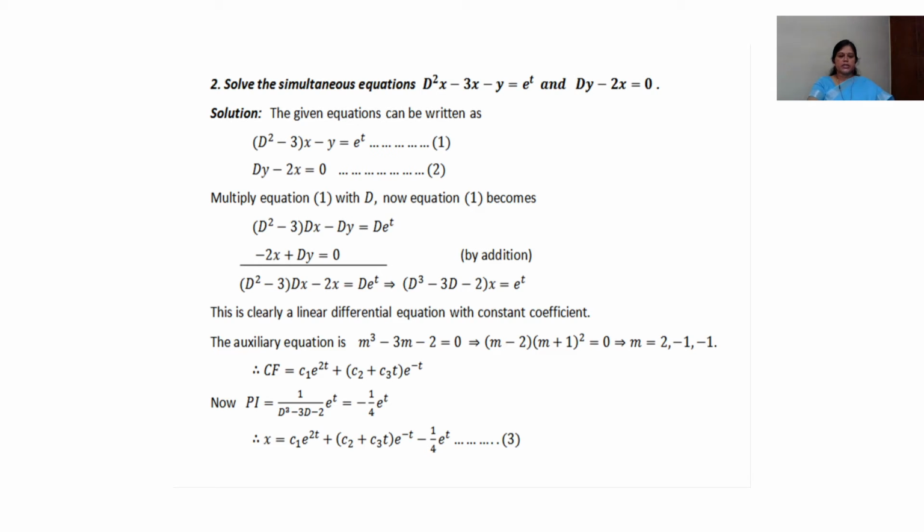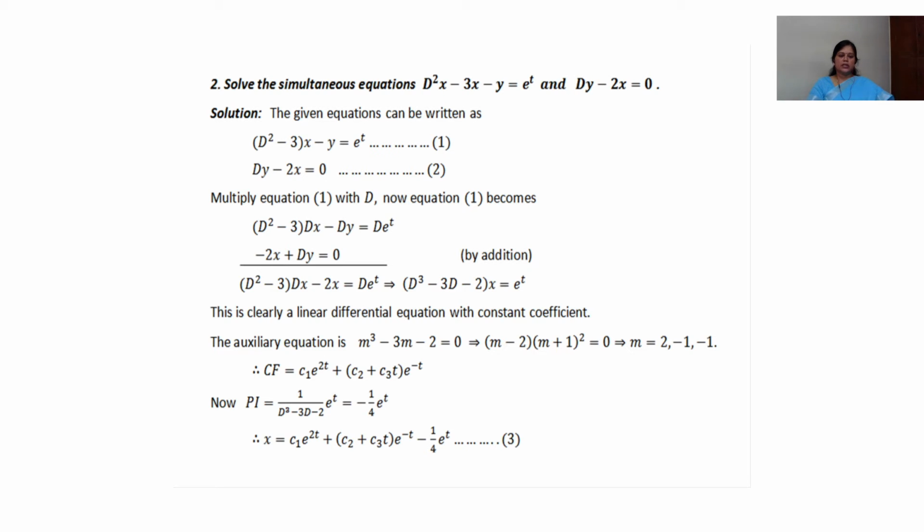So now the particular integral is 1 by f of D into e to the power t. Here f of D is D cube minus 3D minus 2, into e to the power t. So it is the first type of particular integral, that is the e to the power at form. Here in the e to the power at form, a is equal to 1.